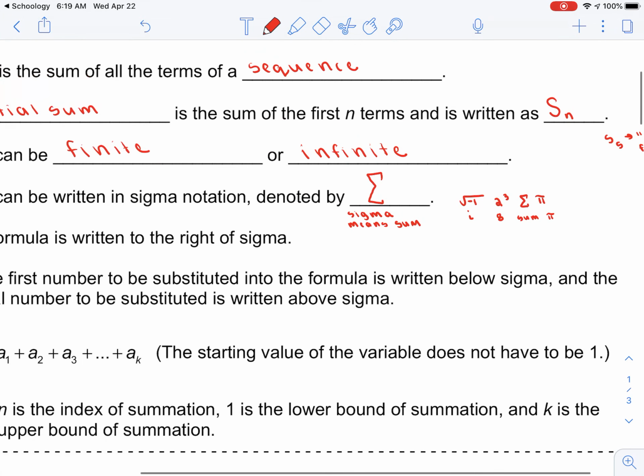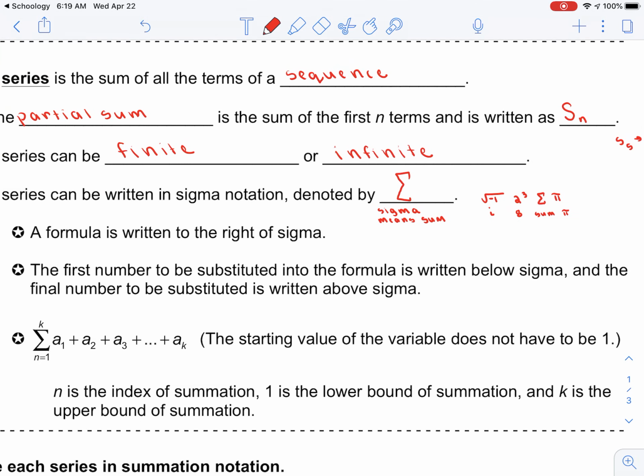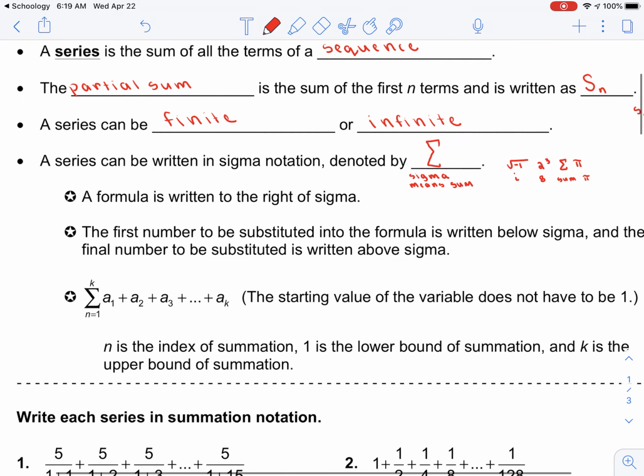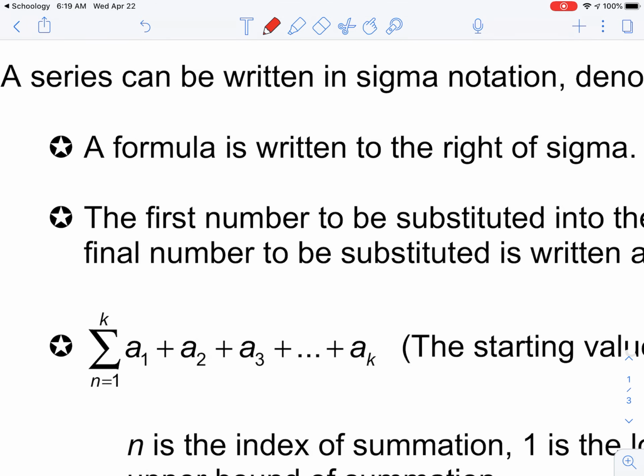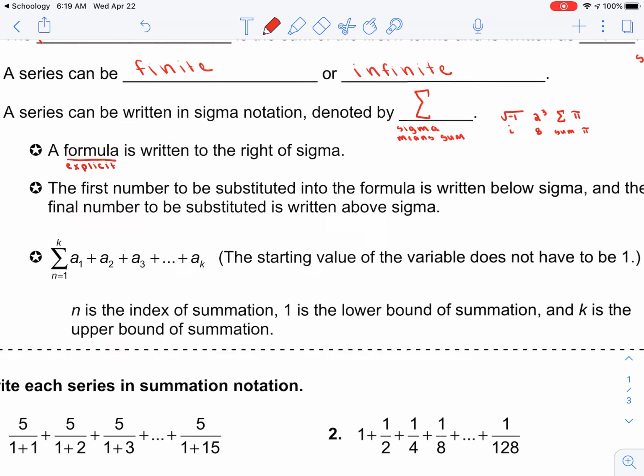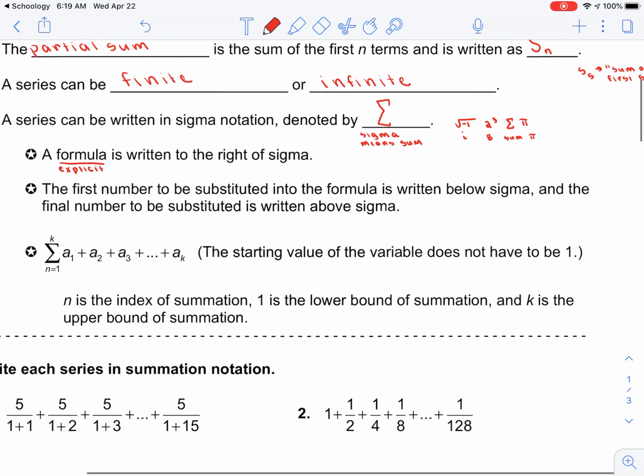But that is what it means whenever you see a sigma. Now, sigma notation is weird at first. Like the first time you see it, it looks different. But you're going to see that there is a formula written to the right of the sigma. And it's always an explicit formula, never recursive. The first number that you're going to substitute into the formula is written below the sigma.